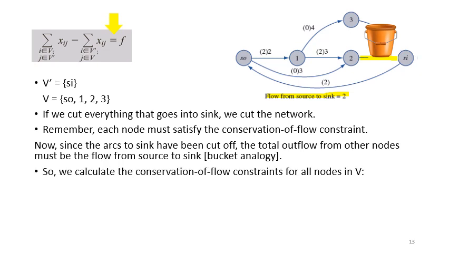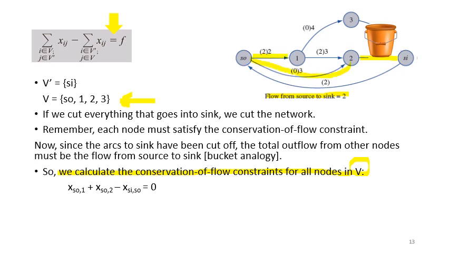So lemma 1 says that we need to calculate the conservation of flow constraint for all nodes in V. Okay, so let's do it. So this is the conservation of flow for the source. Going out from the source is source to 1 and source to 2.